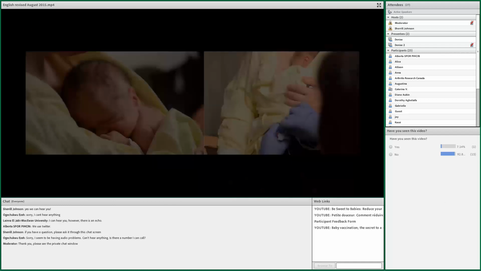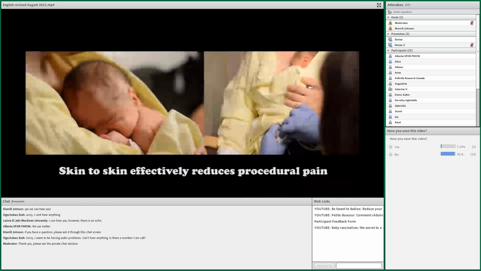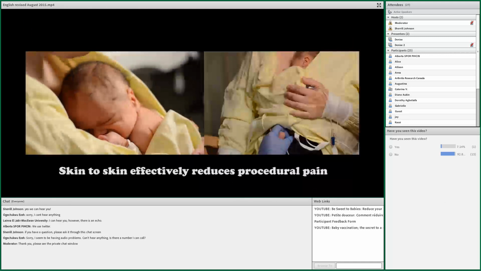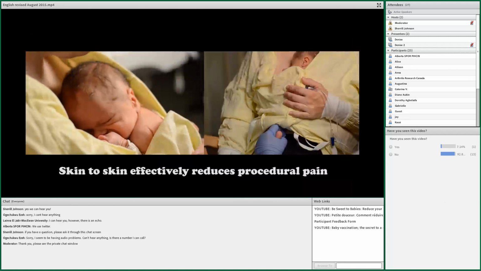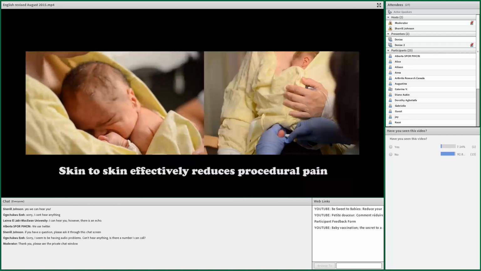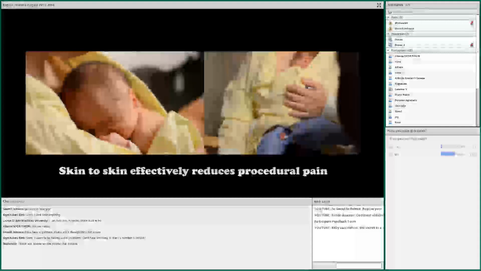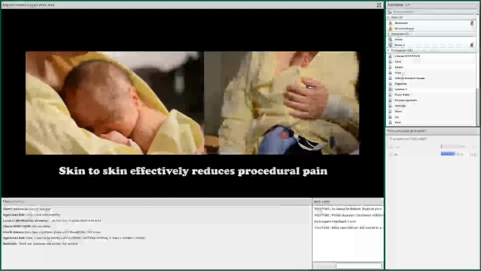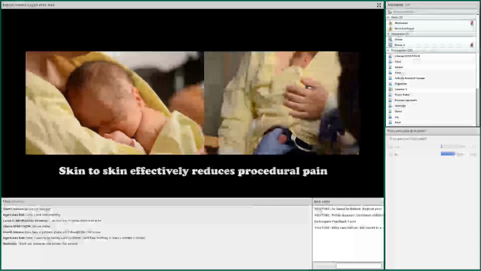Kangaroo care can be done by mothers or fathers and is most effective for newborn babies, especially preterm. The babies are held skin to skin against their parents' chest. As you can see in the video, the baby is wearing only a diaper and is held in an upright position on the mother's bare chest, tummy to tummy. Fathers can also be the ones to hold their babies this way.